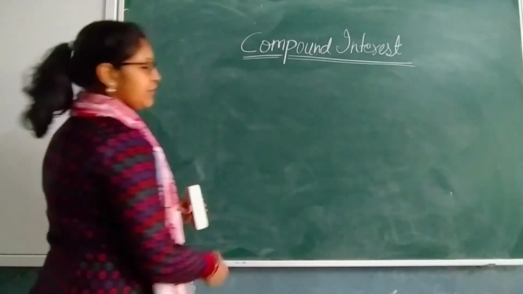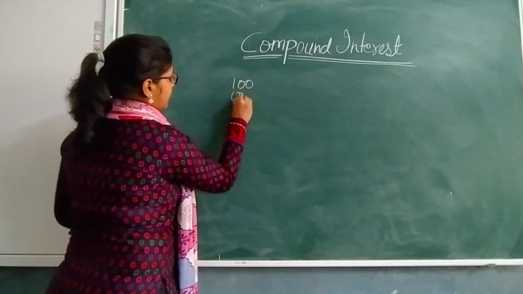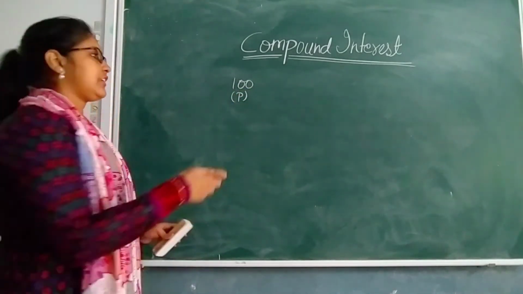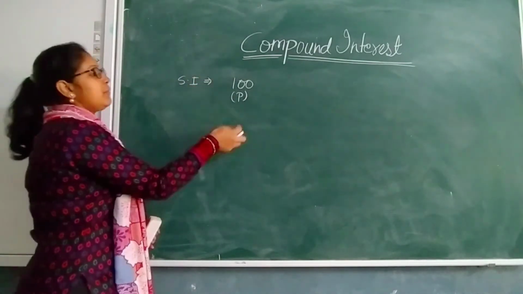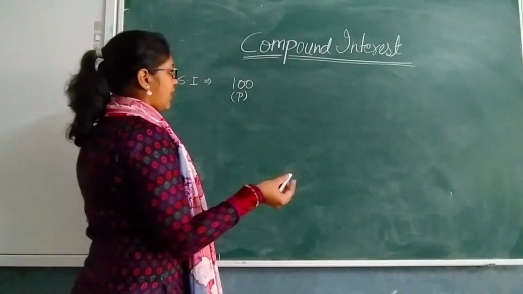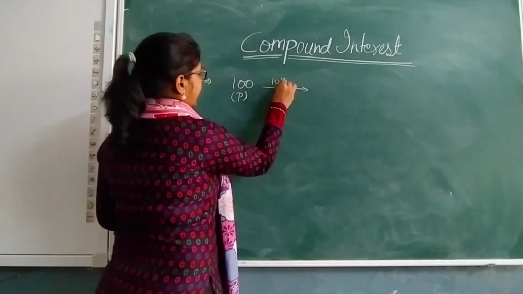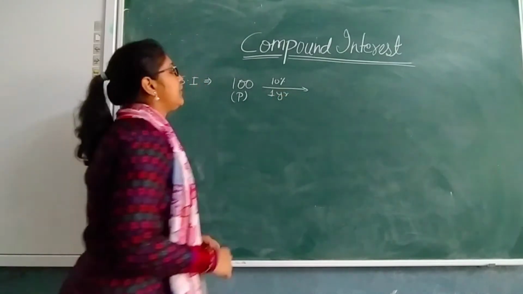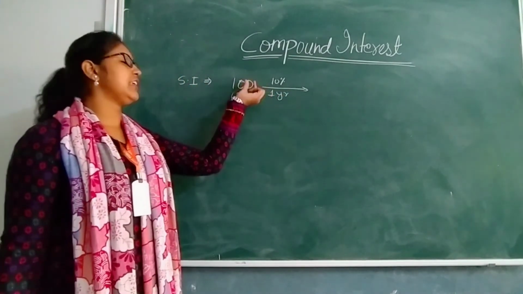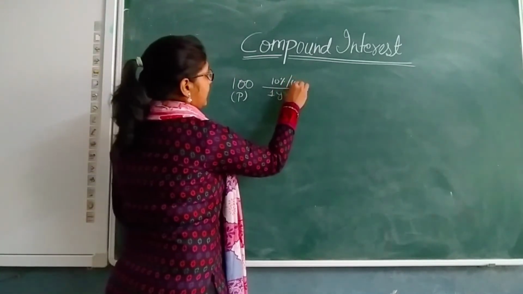Suppose we borrow 100 rupees as a principal. First we take the simple interest case. We borrow 100 rupees in the starting and we have to pay a 10% rate. Then after 1 year, we have to pay 10% interest on this 100, which is 10 rupees.